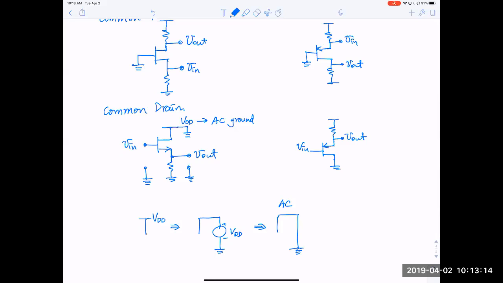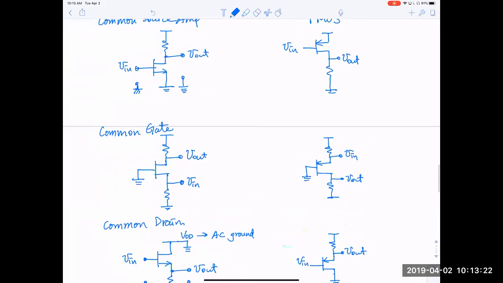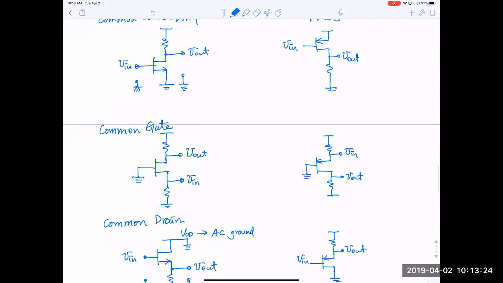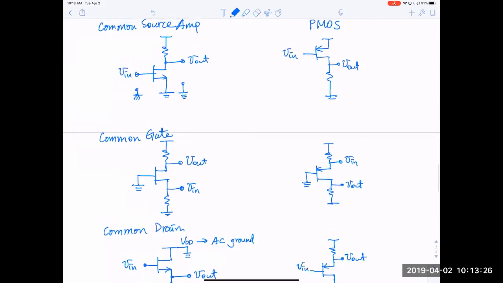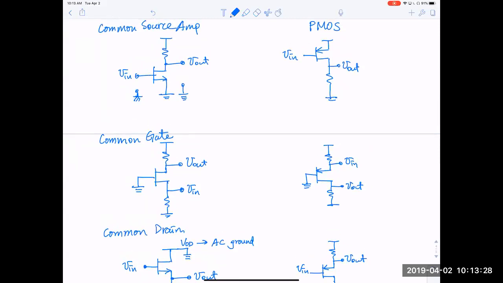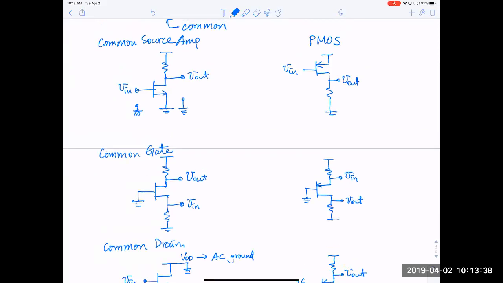If we switch the input and output? So it is unilateral. Remember, when we talk about transistor circuits, it is unilateral because of the unique transistor characteristics. So input and output, you cannot switch.